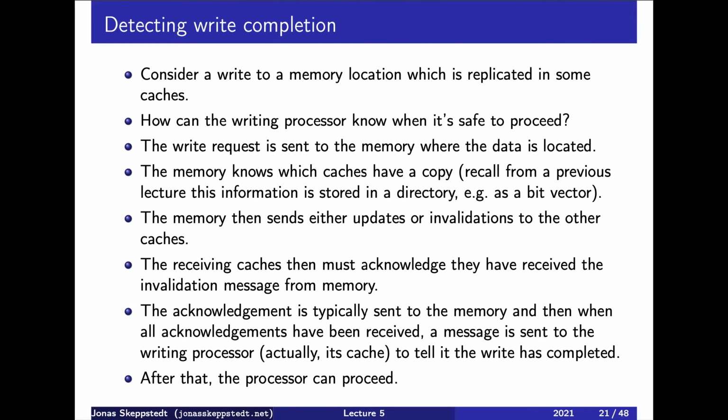And then when all of them have acknowledged that they have got the invalidation, the memory can reply back to the CPU which wanted to write. And when that CPU has got the acknowledgement from the memory, it can proceed and do the next memory access.